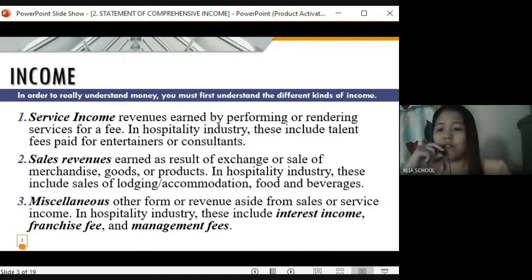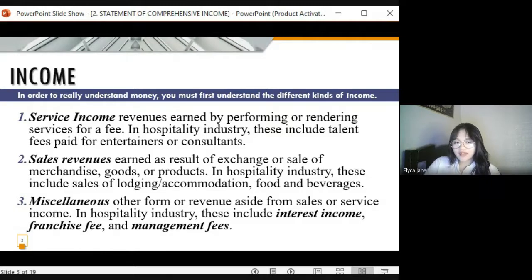Okay? Can you give an example of sales revenue? Can you give a certain product that can be denoted as sales revenue? Alika. Nak. Can you give a certain product?